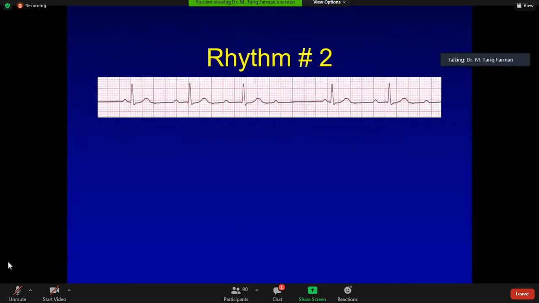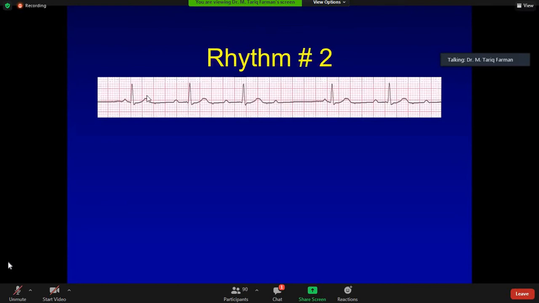Now, the rhythm 2, similarly, the PR interval, then QRS complex, T wave, then P wave. You can see the interval here, and interval here. And this is QRS complex, then T wave, then again P wave, PR interval. See this PR interval, and then this PR interval, and this PR interval.